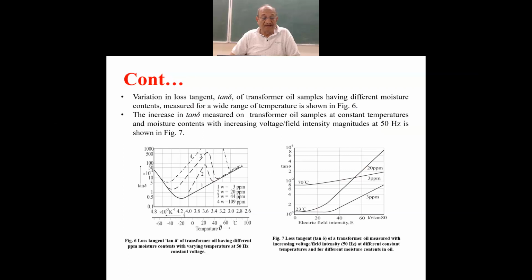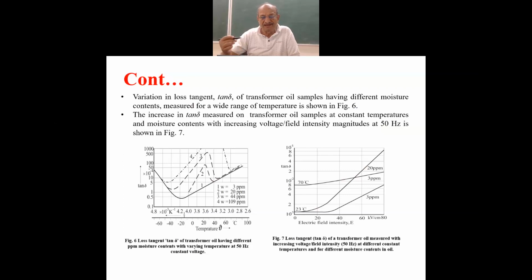The increase in tan delta measured on transformer oil samples, you can see here, at constant temperature and moisture content with increasing voltage or field intensity, with the voltage at 50 hertz, the AC power frequency.